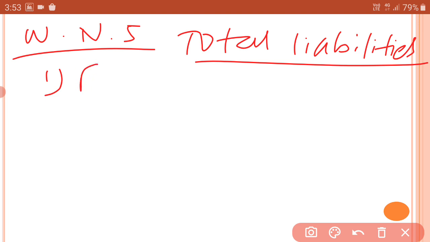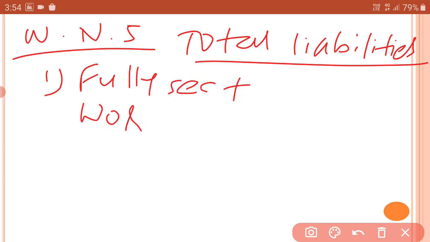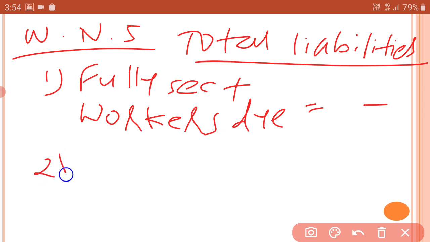Fully secured plus workers due. In this question, there is no information about fully secured and workers due, so step 1 is dash.